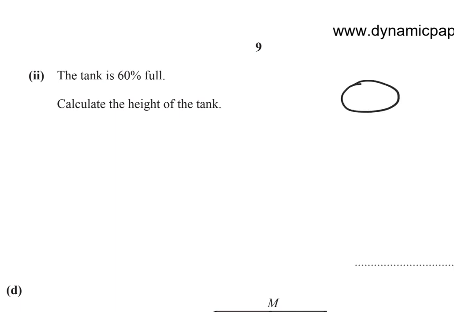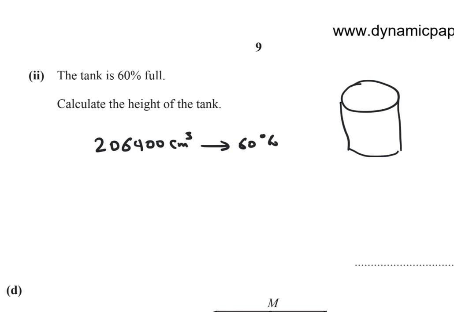So this means 206,400 cubic centimeters represents 60% of the tank. If I need 100% of the tank, I need the volume of the tank, the volume of the cylinder. So cross multiply. 100 times 206,400 divided by 60.